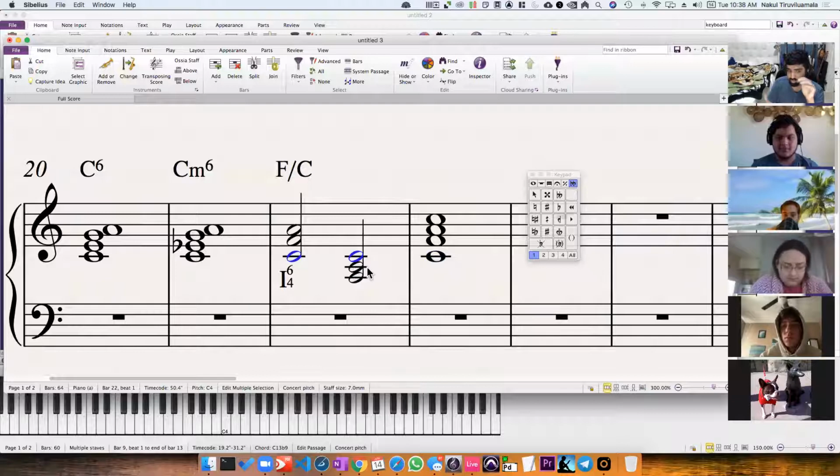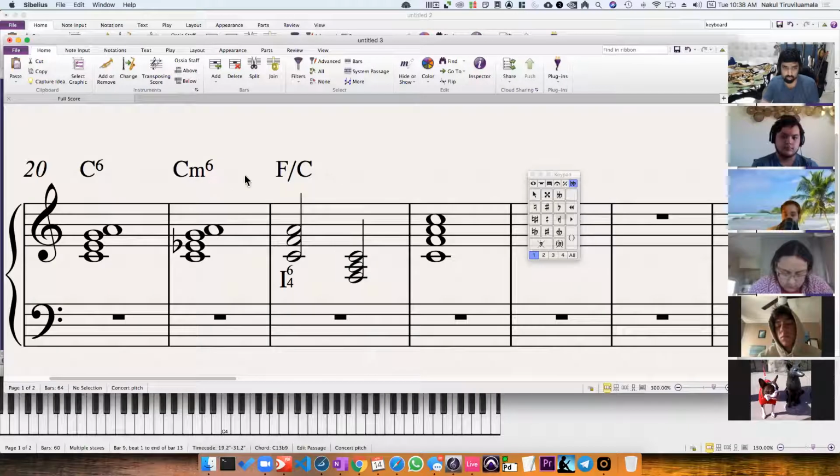Since the bass note of the chord you're trying to check happens to be the third note of the root position version of that chord, this is a second inversion triad, right?